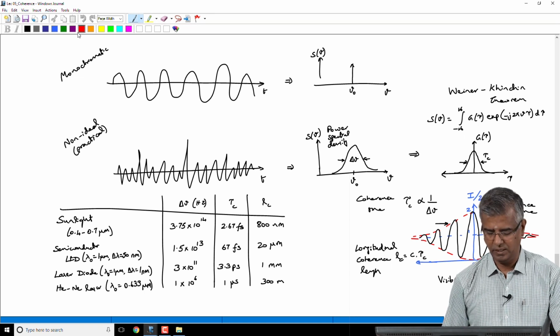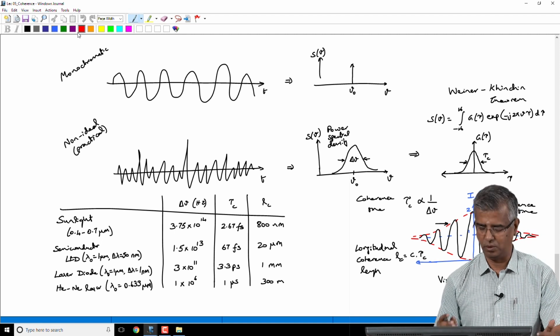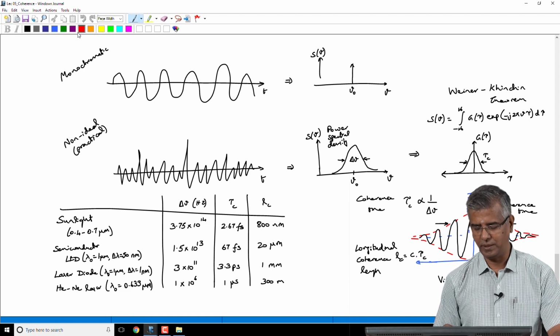Towards the end of the last lecture we were examining certain examples for sources, and we said okay, sunlight is a light source, right. But when you look at the spectral width of sunlight, especially just picking up the visible region, that is quite broad.